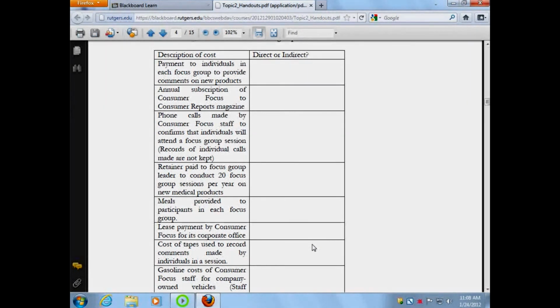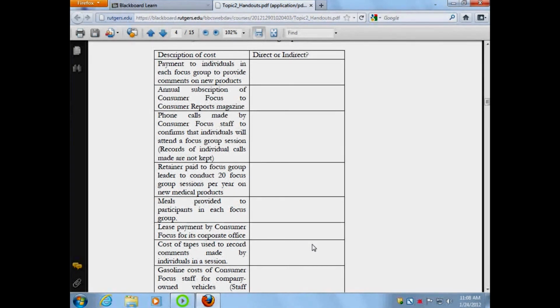It says the records of individual calls made are not kept. So visualize this in the following way. There's a secretary who's in charge of general administration and coordination. Every day she gets a list of all the groups, and she's making phone calls to make sure that everyone's going to attend. And you get a phone bill at the end of the month. That's the way in which the cost is incurred.